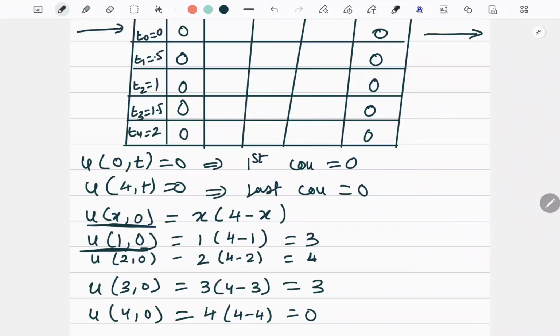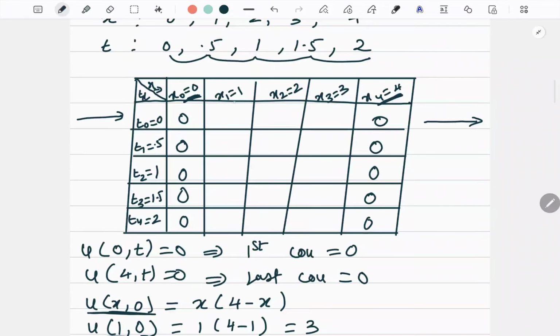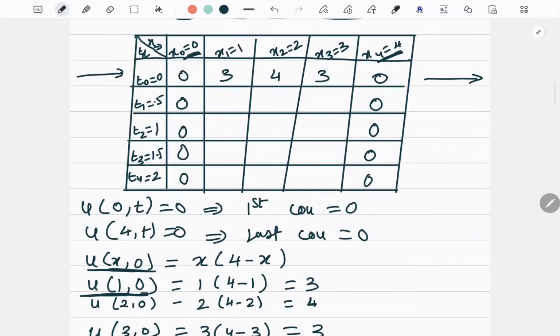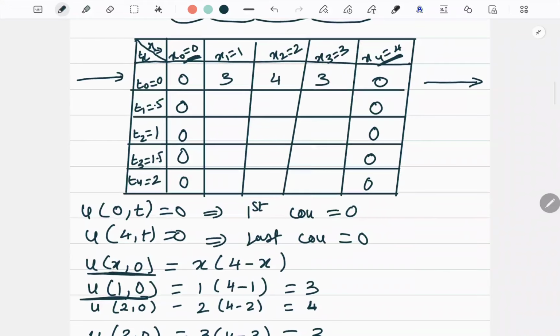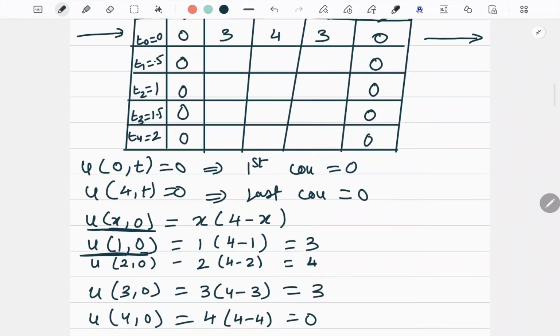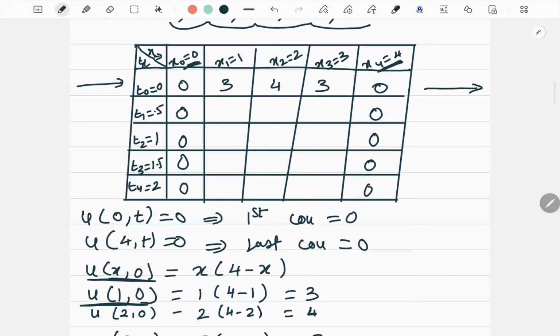When x is 1 and t is 0. Go back, when x is 1 and t is 0. As I said, it is the first row only. So without thinking too much, I can put the values actually. And you can check whether you have done it correct or not. See, what is the meaning of this? If I look here, when x is 3 and t is 0. So I have filled here only when x is 3 and t is 0.